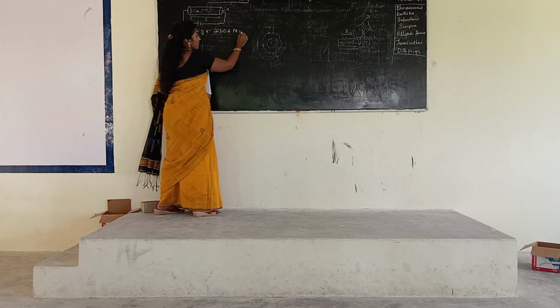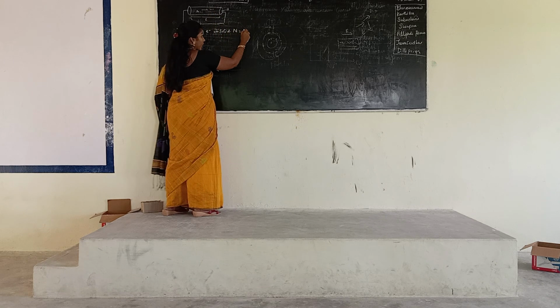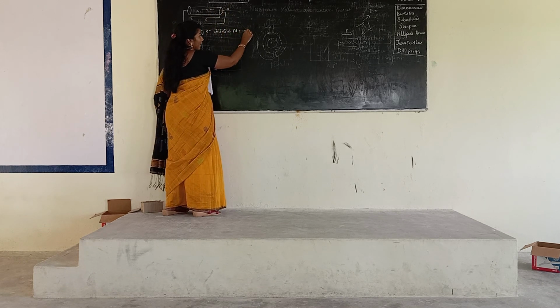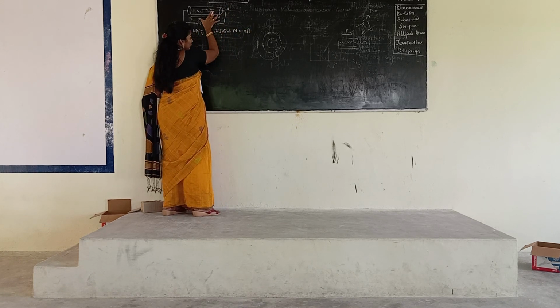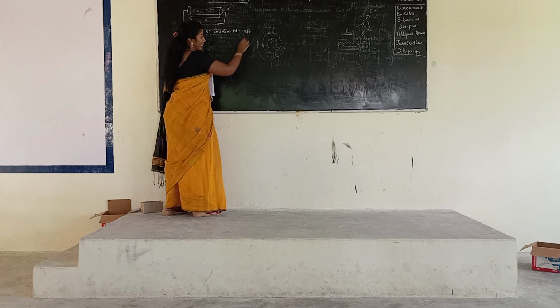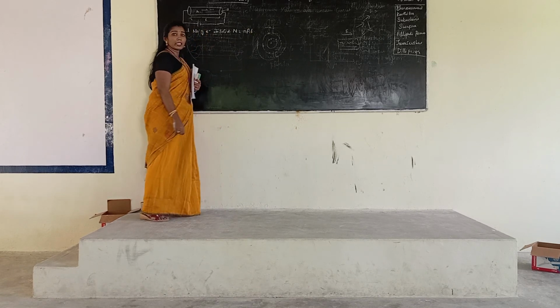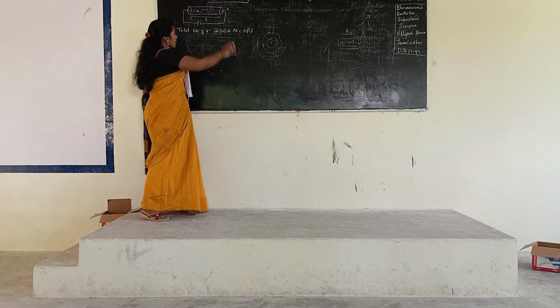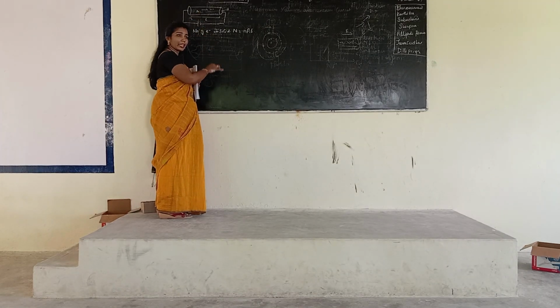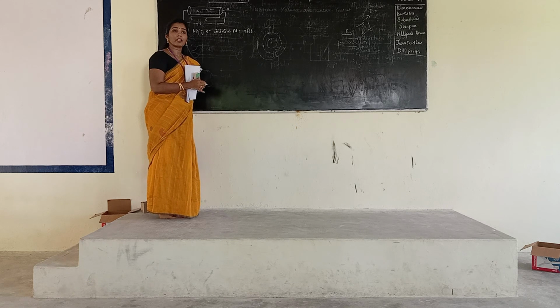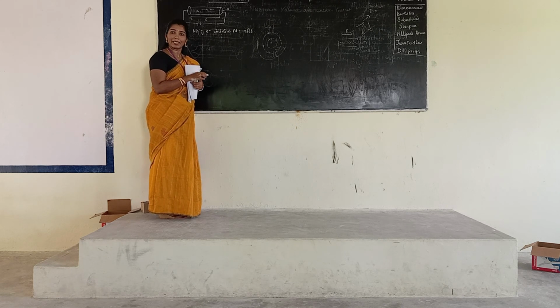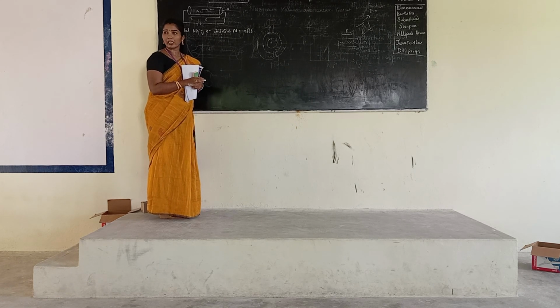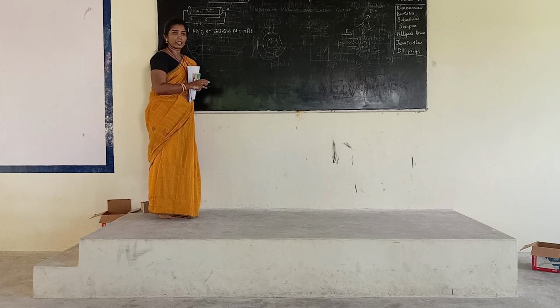So capital N is equal to the number of electrons in that particular cross-sectional area and length of the material. So capital N is equal to small n A into L, because this material has its area, length and number of electrons per unit volume. That is the total number of electrons in our considered material.